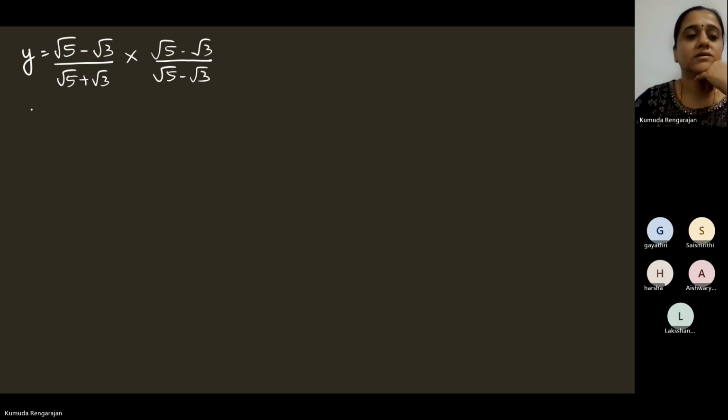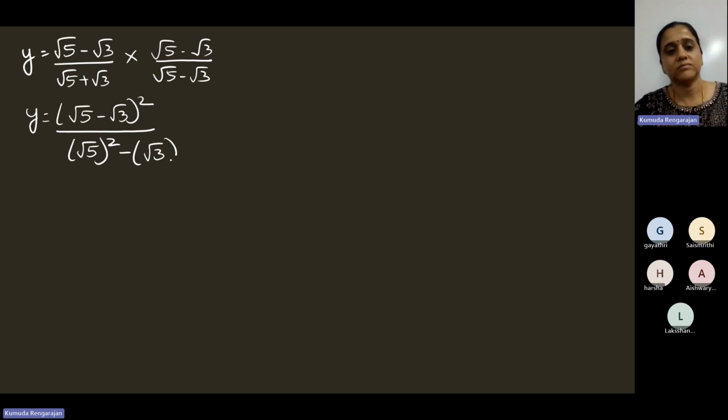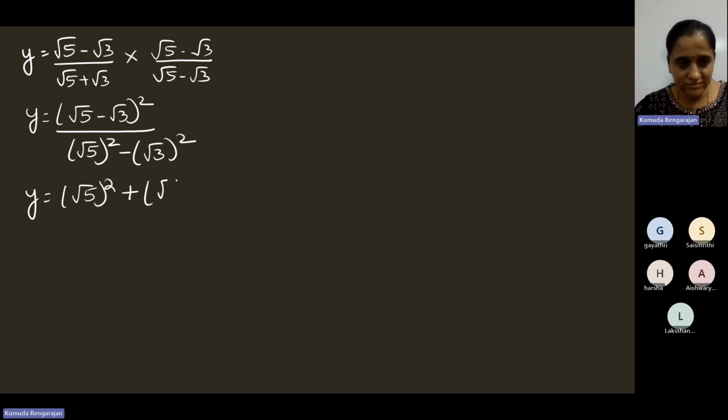Correct. The whole square minus the whole square. Correct. Next. It implies the whole square plus, sorry, the whole square, minus, because a minus b.